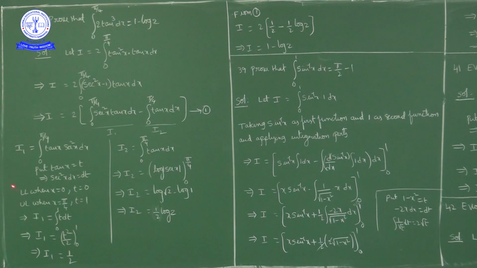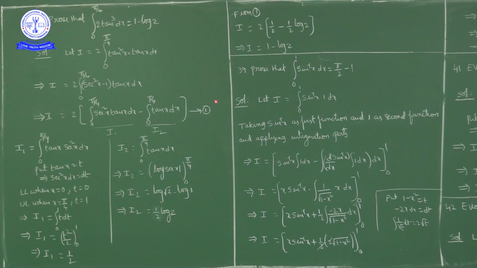So I1 is equal to integral 0 to 1 of t dt. What is the integration of t? t square by 2, lower limit 0, upper limit 1. Substituting the upper limit, 1 by 2 minus the lower limit, which is 0. So I1 value is 1 by 2.